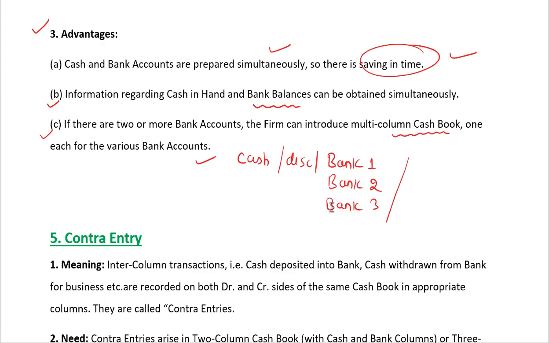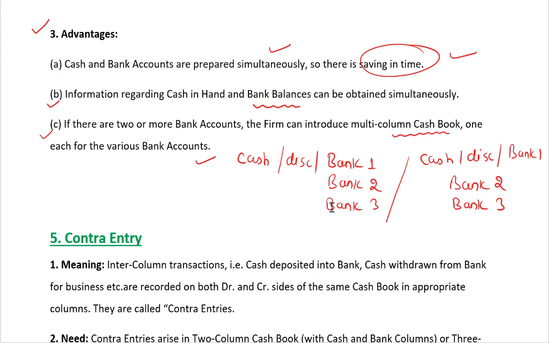So on the debit side, we have five amount columns. On the credit side also we have cash, discount, bank 1, bank 2, and bank 3. A company can maintain more than one bank account, and in real life companies generally maintain more than one bank account in several banks for various reasons.